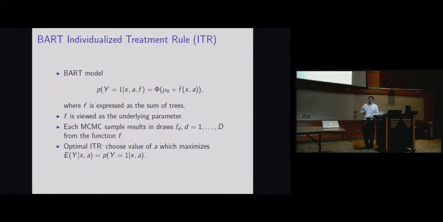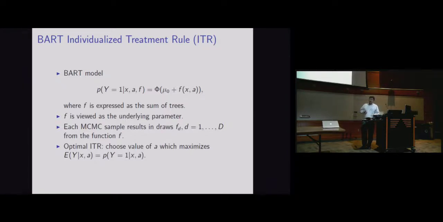But in a sense, you want to view that function f as the underlying parameter that has a distribution as well. And in fact, each of the MC samples results in draws, FD, across those MC samples from that function f. And we will leverage that a little bit later.